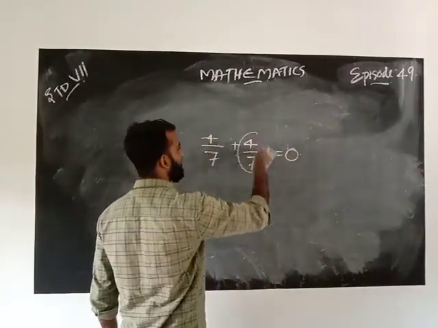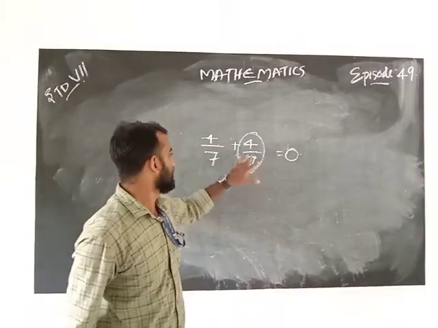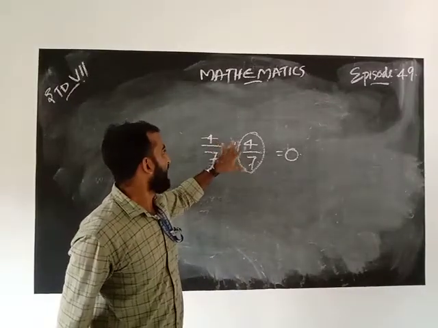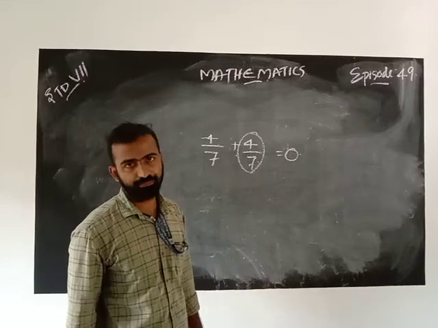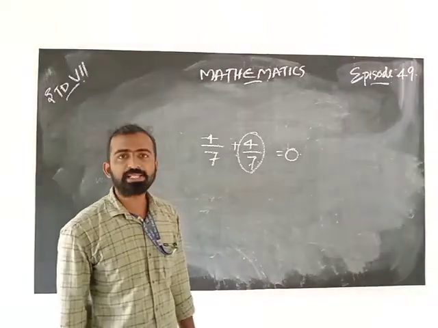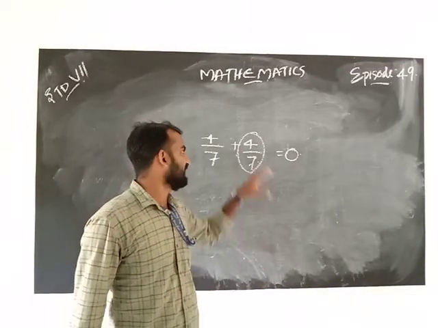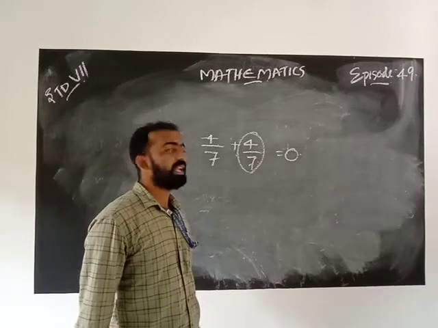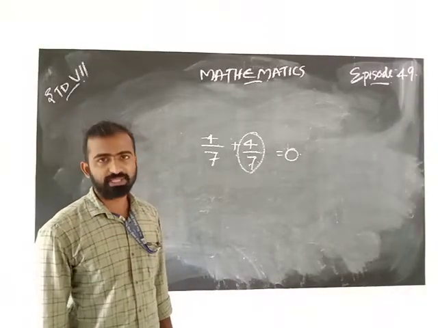So 4 by 7 is the additive inverse of negative 4 by 7.